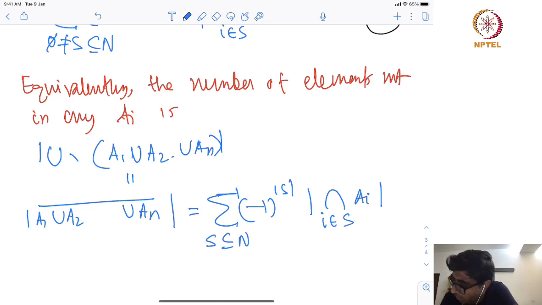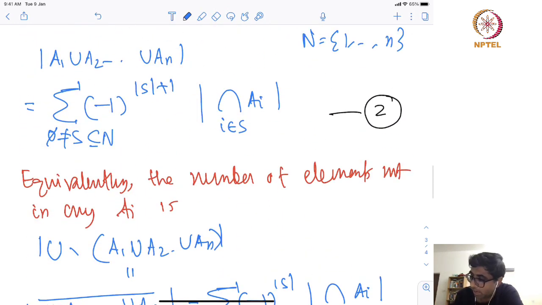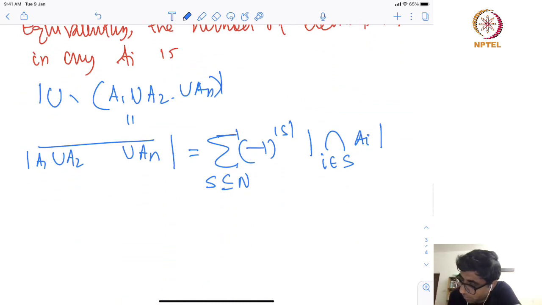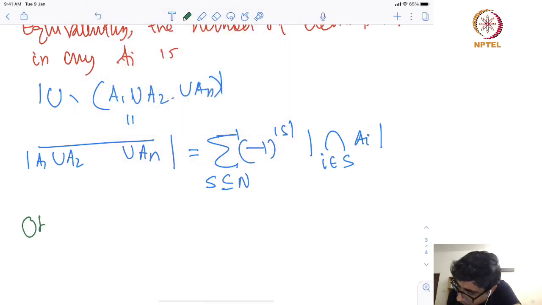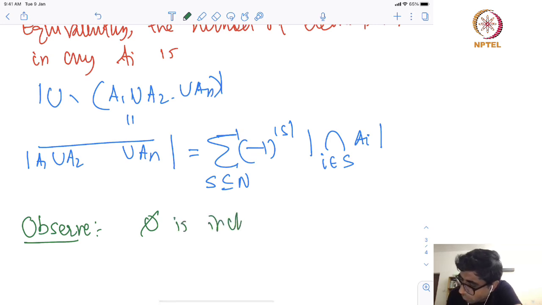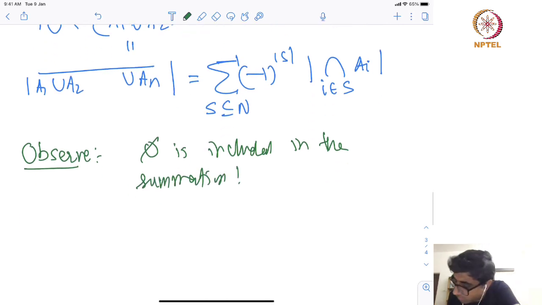But there is a usual convention. Notice that I wrote here phi, S was not in phi, but here phi is included. So it is an important observation to make: phi is included in the summation. And what is the meaning of this?